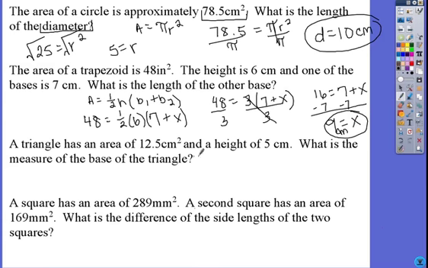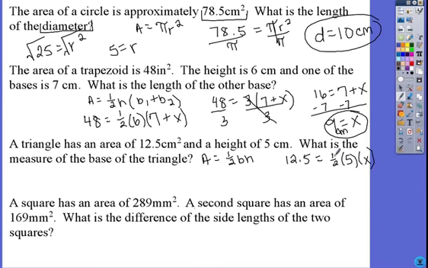Right here, a triangle has an area of 12.5 centimeters squared and a height of 5 centimeters. What is the measure of the base? Again, it wants you to work backwards. Area of a triangle is 1/2 base times height. So I know 12.5. That's equal to 1/2 the base, which I don't know, and the height. The height is 5, and the base we're going to call x.